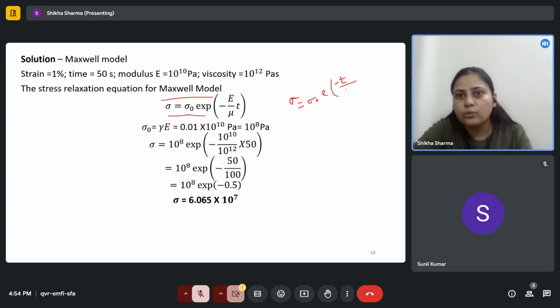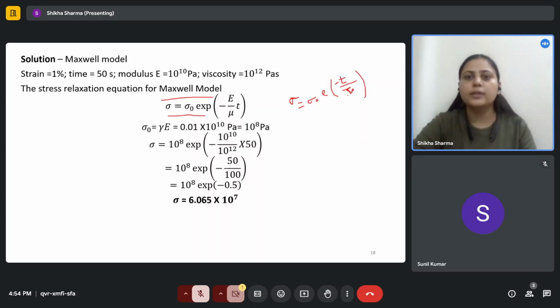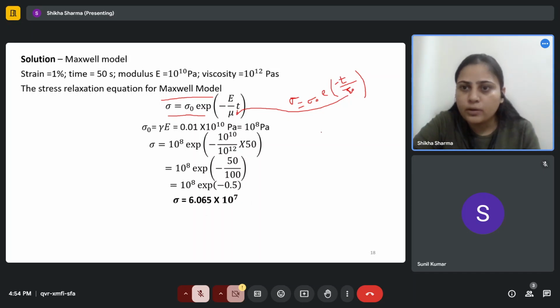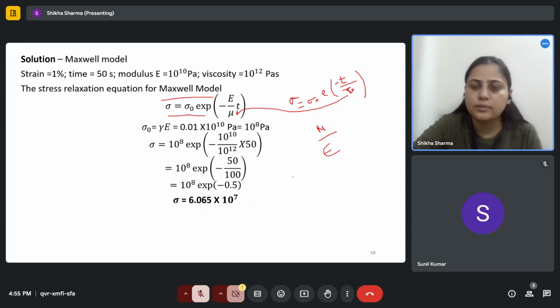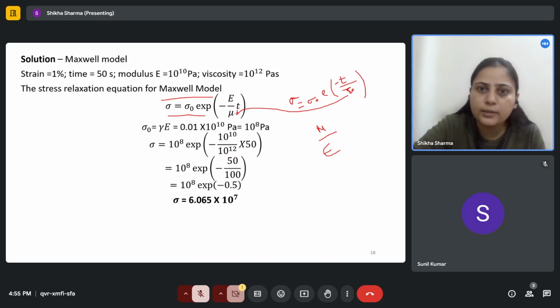So this tau naught, which is the relaxation time, equals the viscous element, mu, divided by the modulus of the elastic element, E. So when we write, it will be mu at the denominator, E at the numerator. So this equation will look like this.